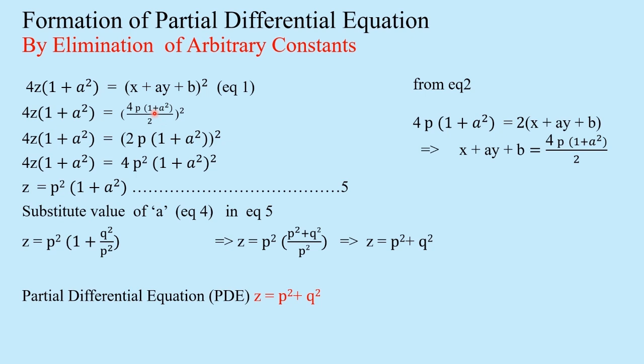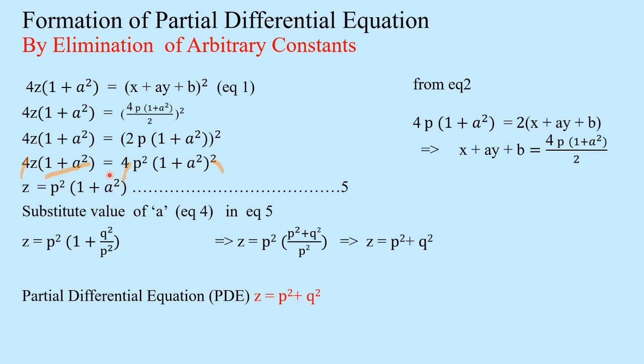It's 2 times 4. So we get 2p(1 plus a square) whole square. Now 2 square is 4. p square is p square. 1 plus a square is to the power whole square. Now here 4 and 4 will get cancelled. 1 plus a square and 1 plus a square will get cancelled. So we get z is equal to p square(1 plus a square).